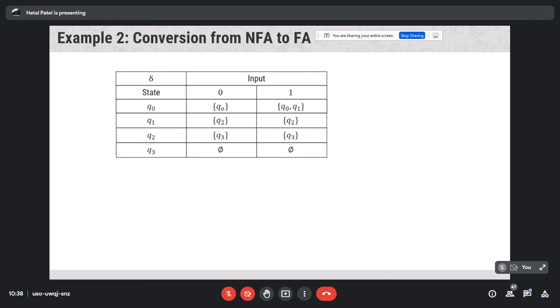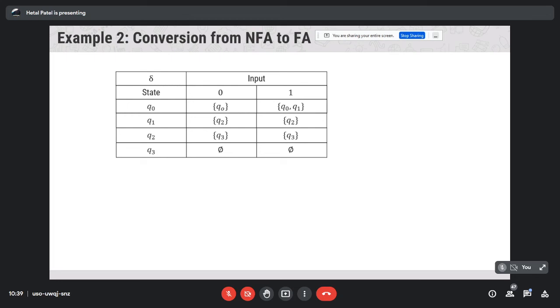Q3 is your final state. Write down the delta function also.